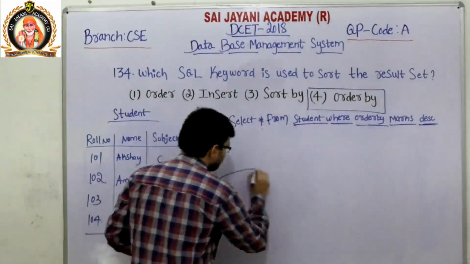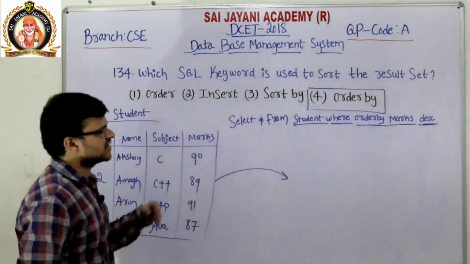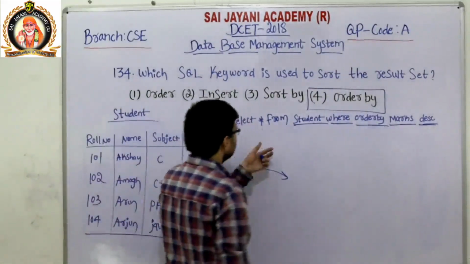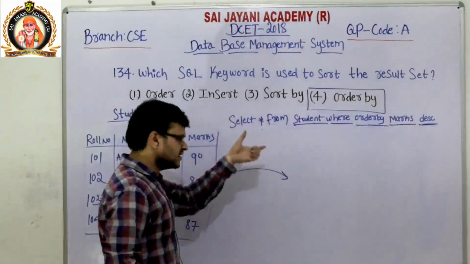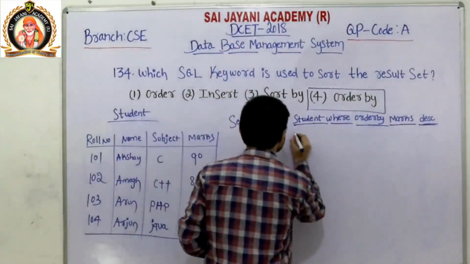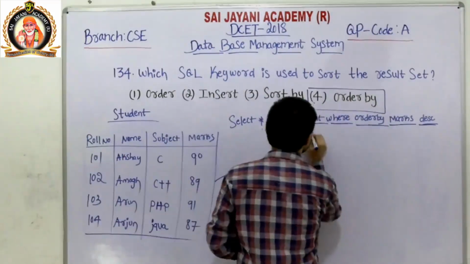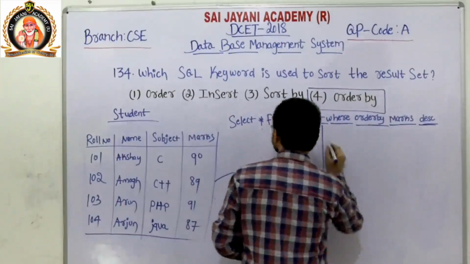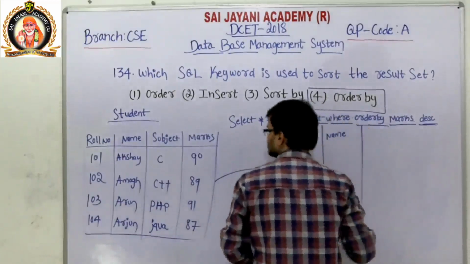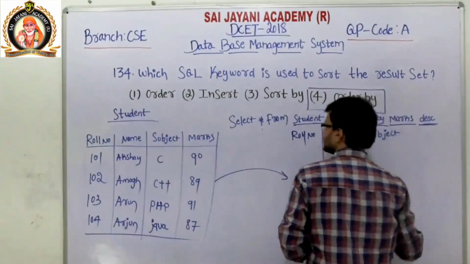So when we execute this query, the result table becomes, that is, roll number, then name, and then subject, and then marks.